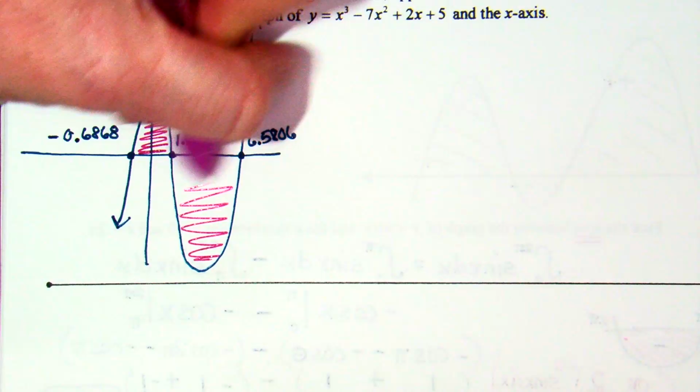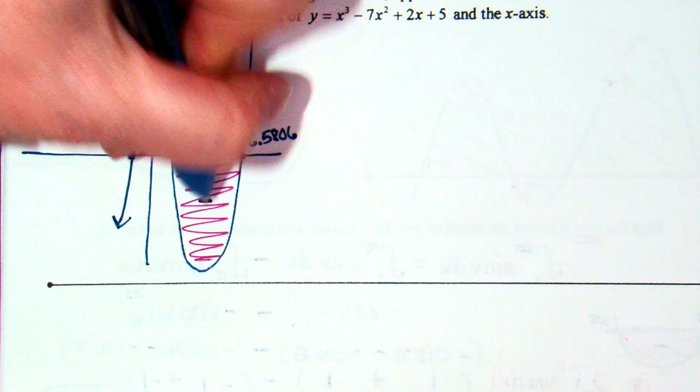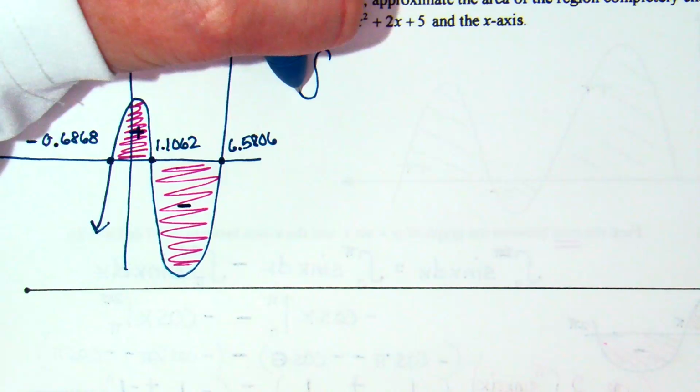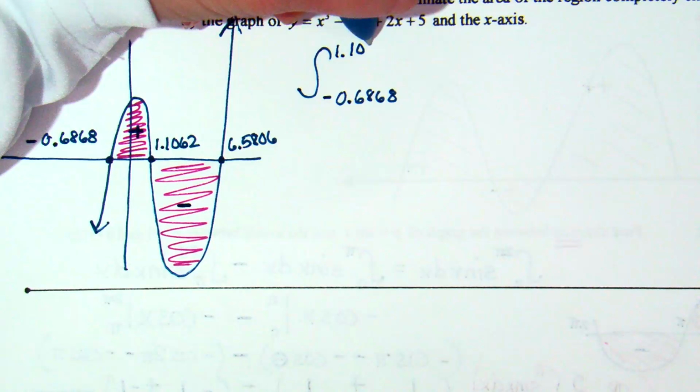The first interval goes from negative 0.6868 to 1.1062, and that's going to be of x cubed minus 7x squared plus 2x plus 5 dx.